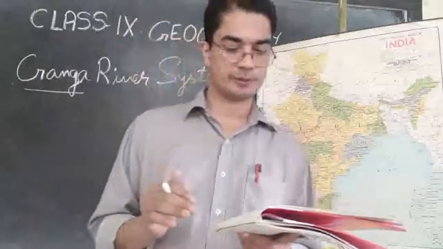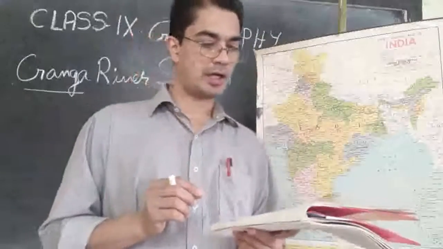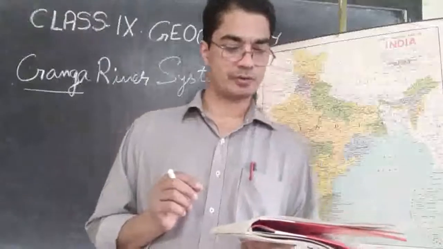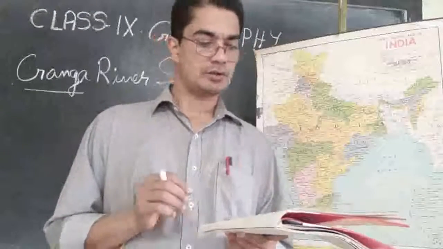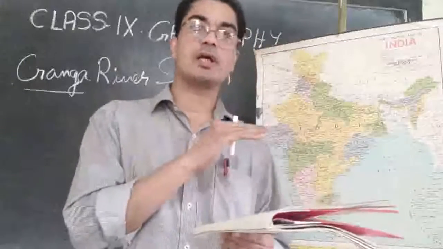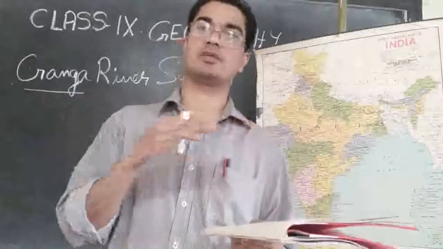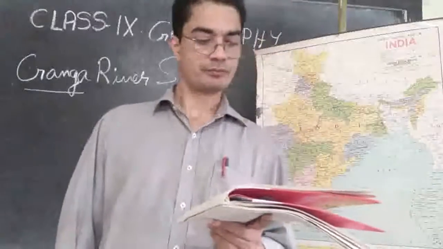So easy to remember. And it flows parallel to Ganga, and as a right bank tributary meets the Ganga at Allahabad. So this river Yamuna is flowing in the same line parallel to Ganga. Then what happens?